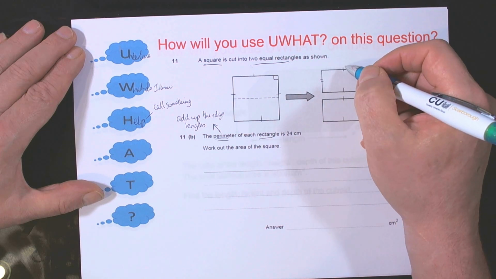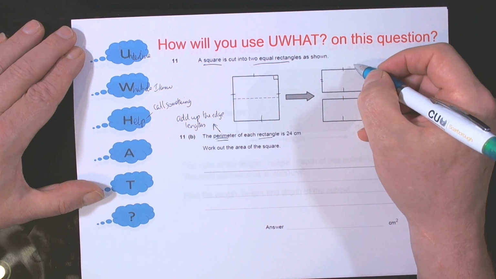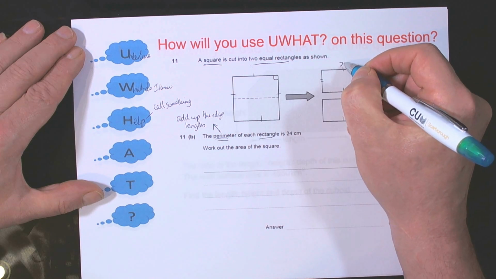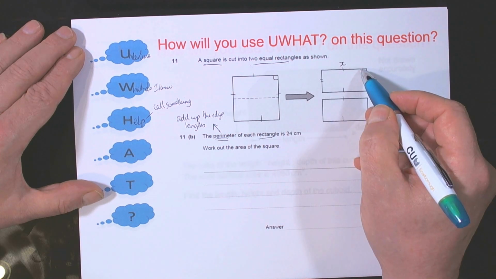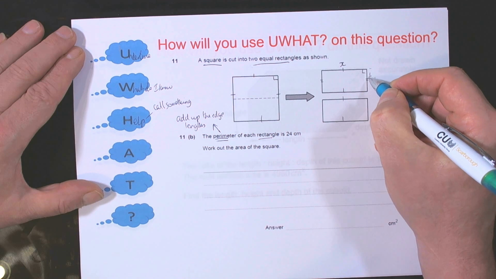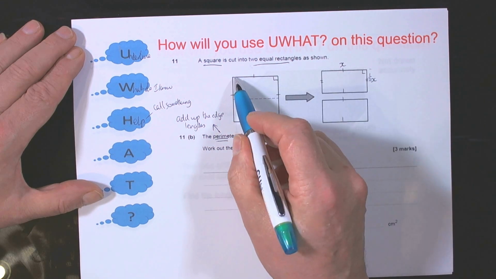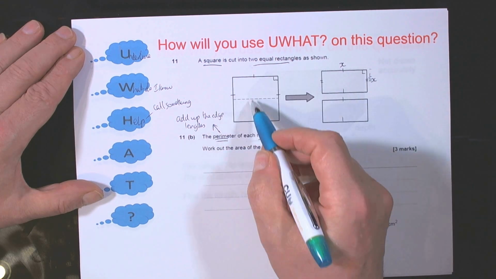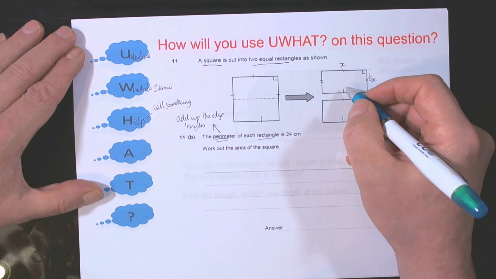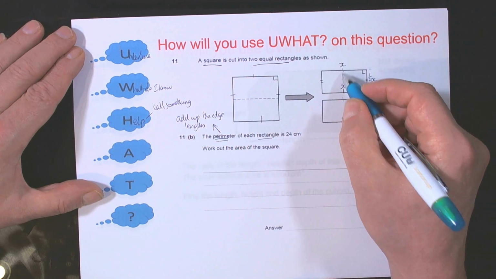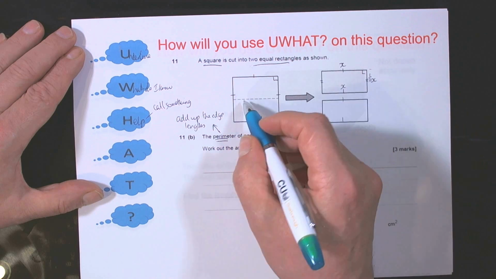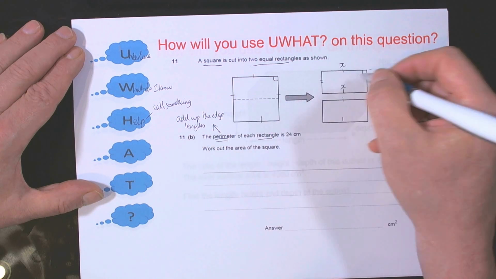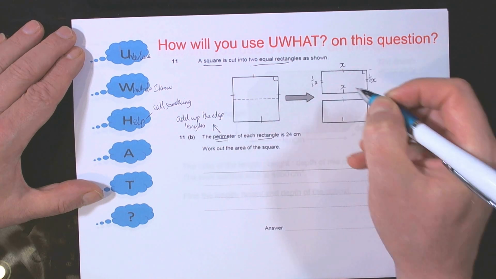Actually it would be easier to call the whole length x, and then this would be a half x. The reason for that is we know this square, all the side lengths are the same, and so if we call that x, then this must be half of it because it's been cut in two equal rectangles. So that's going to be a half x.